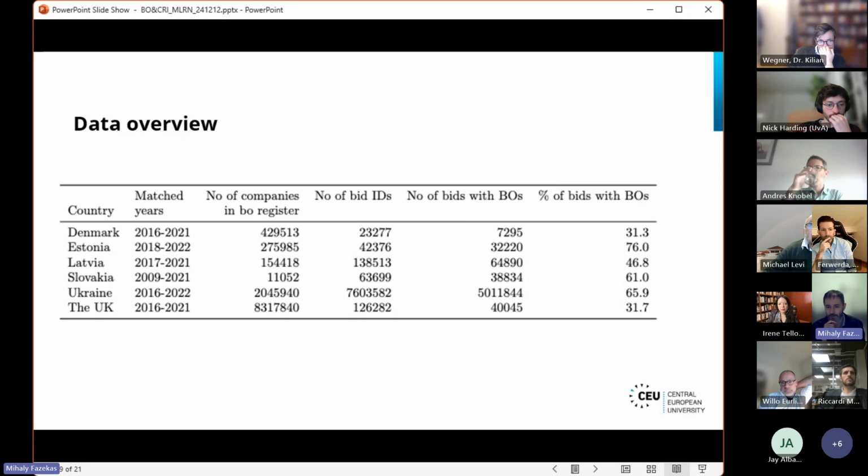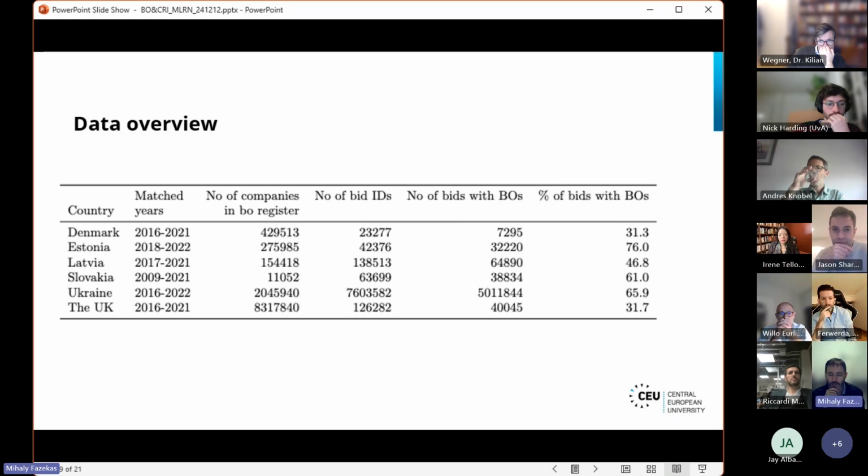We have Ukraine as the biggest country, but also some other countries have relatively big matched data sets. Importantly, we don't have 100% coverage. Even in Ukraine and Slovakia and Estonia, we get about two-thirds, three-quarters of the data. For the rest of the procurement data, we don't have BO information, which might not be a data error, right?